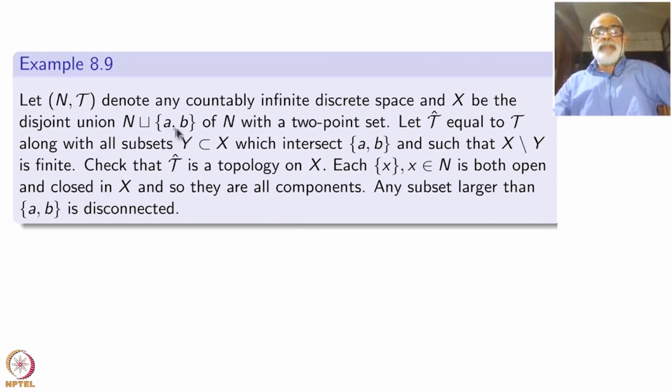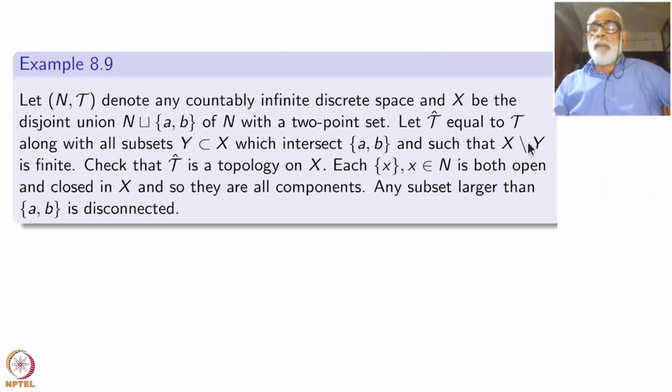Now take extra points A and B. So N disjoint union A and B, that is my X. Now I want to put a topology tau hat on this X. This will consist of all the members of tau along with all subsets Y of X which intersect {A, B} and such that X minus Y is finite. Intersect {A, B} means they should contain either A or B or both.